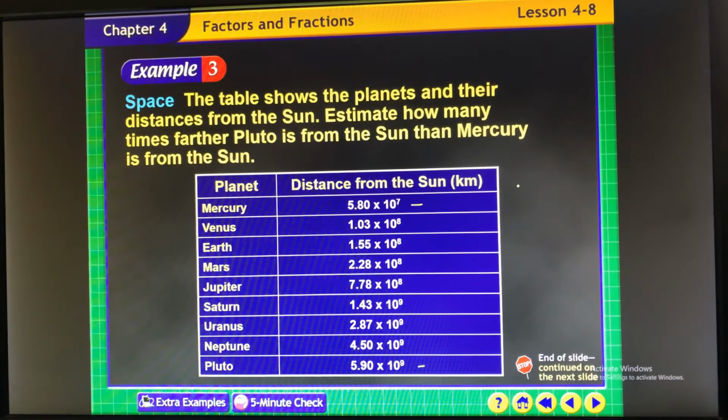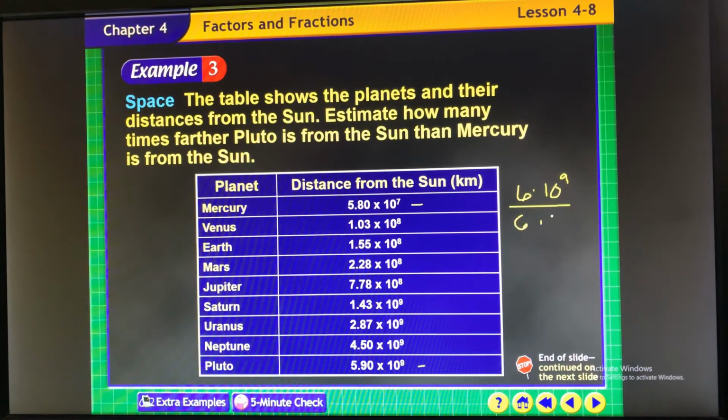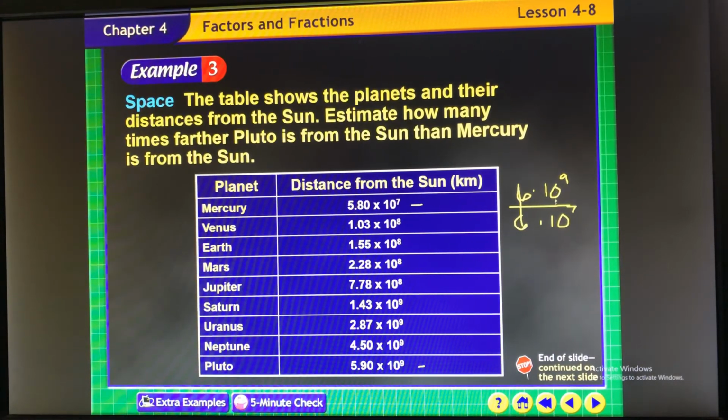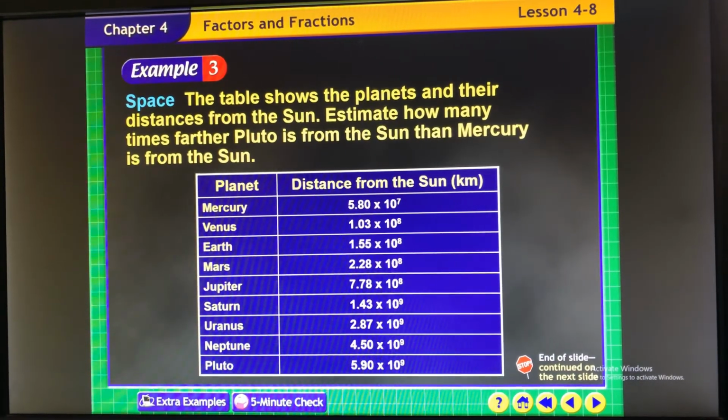So really I'm looking at 6 times 10 to the 7th, 6 times 10 to the 9th, and 6 times 10 to the 7th. I estimated, remember that. Cancel those. Remember your rule of same base, division, subtract exponents. 10 squared. Or could you say 100 times further? Approximately.